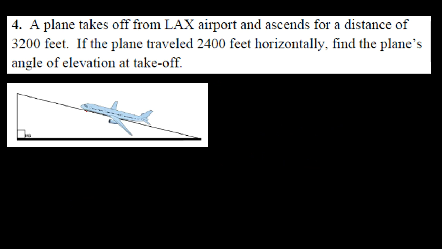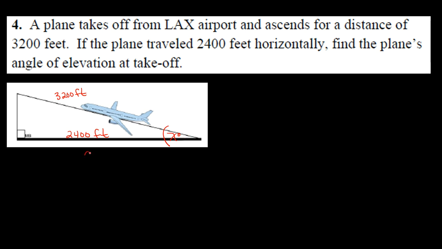Number 4, a plane takes off from LAX airport and ascends for a distance of 3,200 feet. If the plane traveled 2,400 feet horizontally, find the plane's angle of elevation. So we're finding an angle. So remember, we're going to use the inverse trig functions.